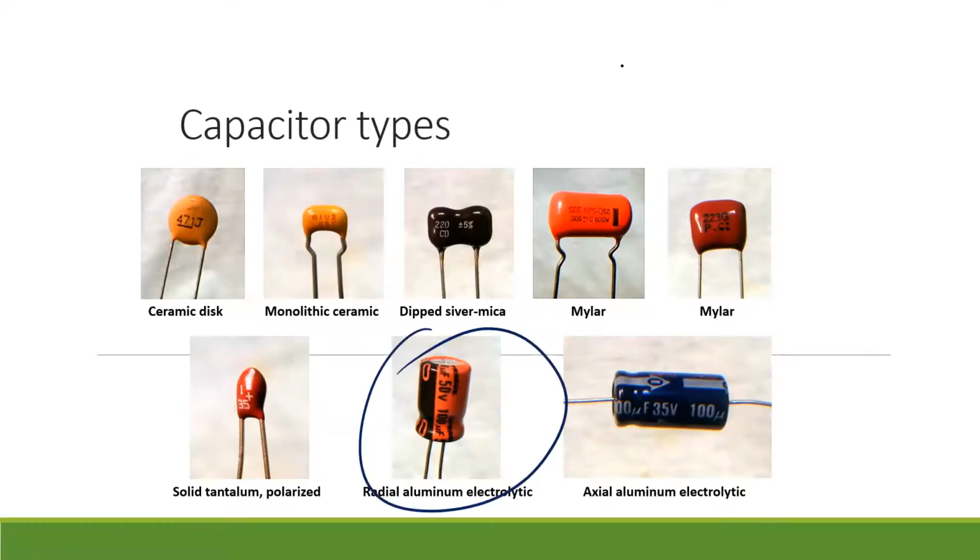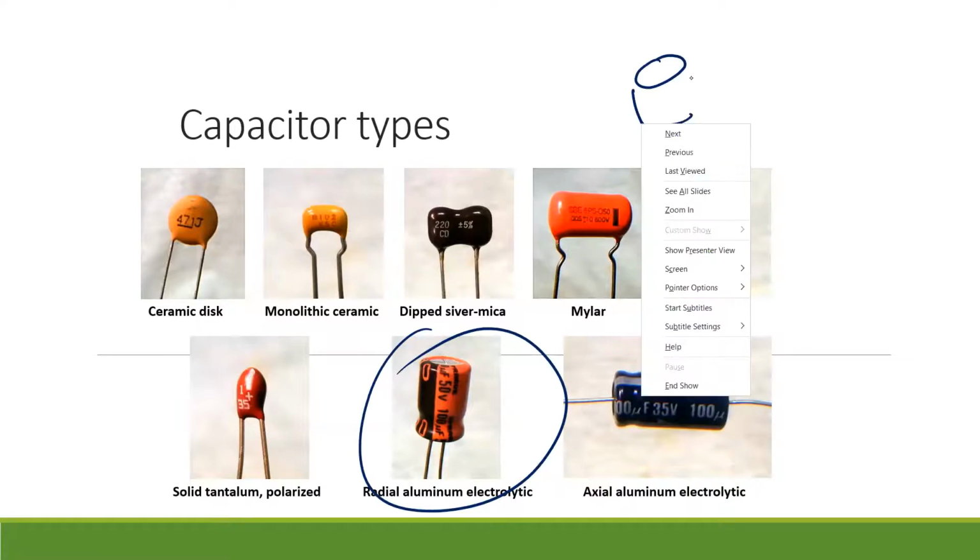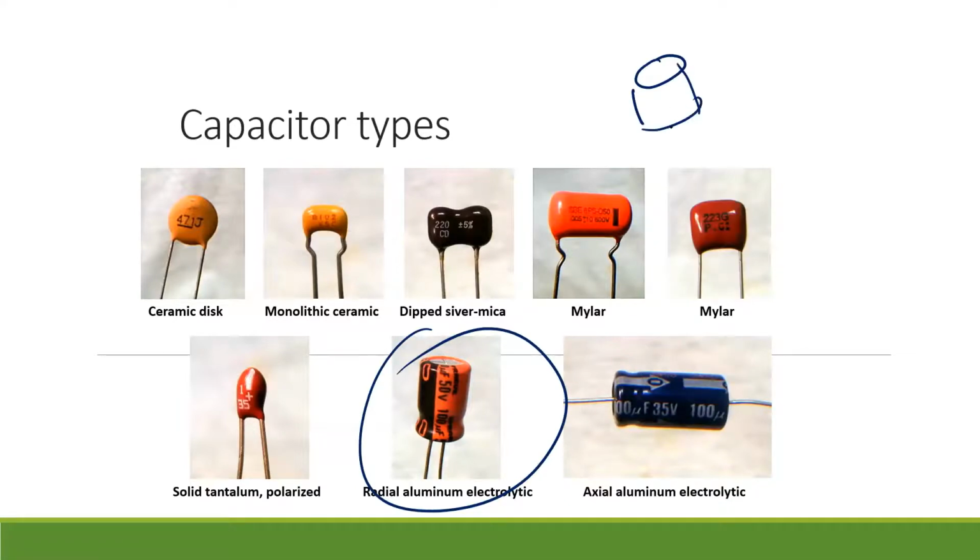If you've ever pulled apart a computer, you will see these little dome-like things attached to sticks. When they get broken, what happens is that the top part usually expands, so you end up with something that looks like that.